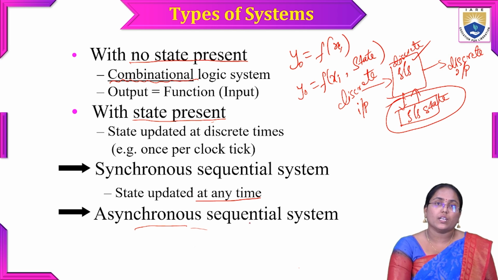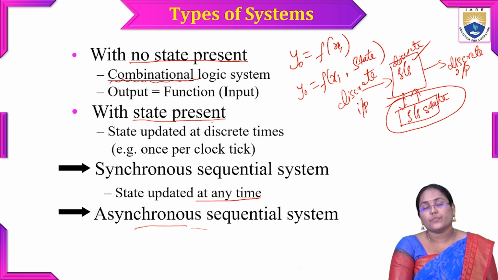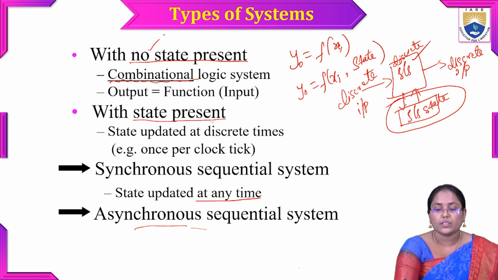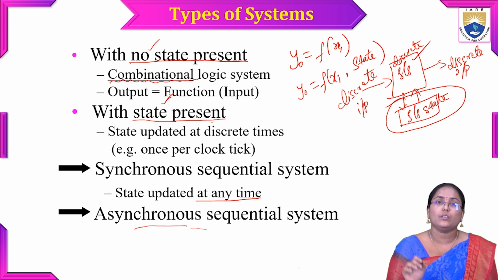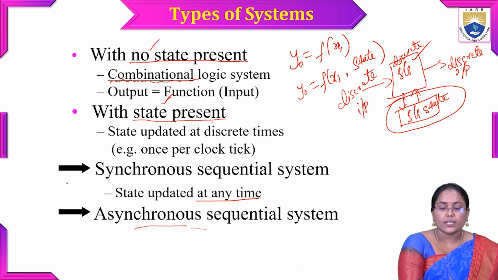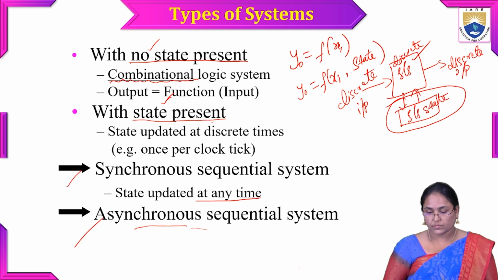Here basically what we'll consider is the memory, the memory we store in the particular circuit. So if you look at the different types of systems in digital design, there are systems without state and systems with state present. When the state is present, it is again divided into synchronous and asynchronous.